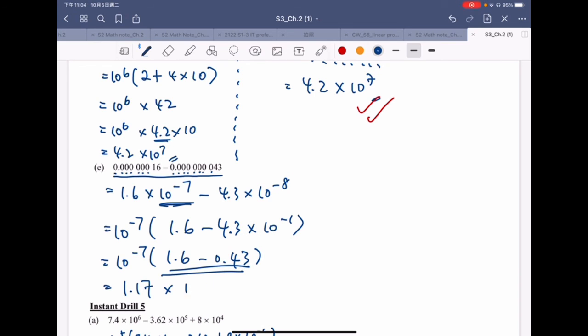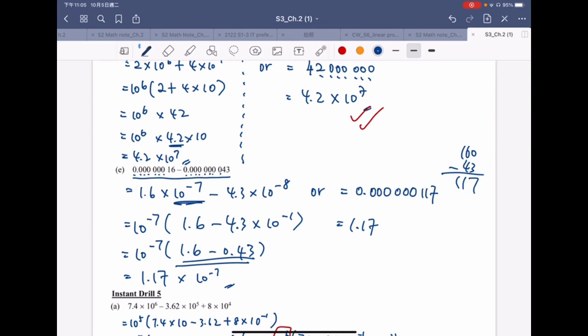Okay, so this is the answer. Actually, you can do 160 minus 43. You can still get the number 117. Finally, it is 1.17 times 10 to the power of -7.